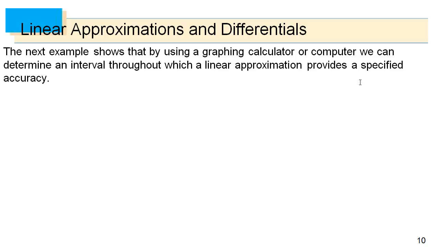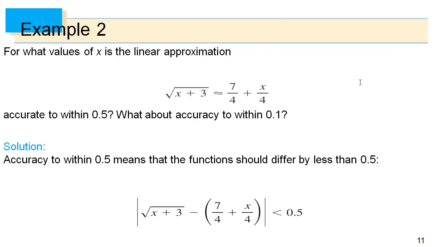If we want to set the limit for our error to be a certain amount, we can figure out how far out our neighborhood can go until the difference between the linear approximation and our function becomes too large. So the question is, how far out can we go and keep the linear approximation within 0.5 or within 0.1?